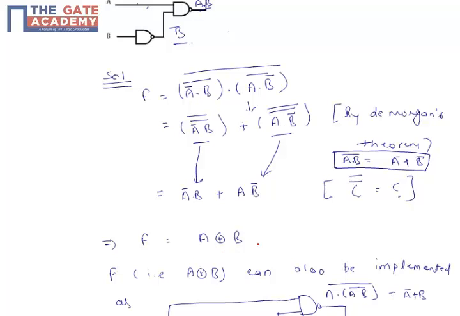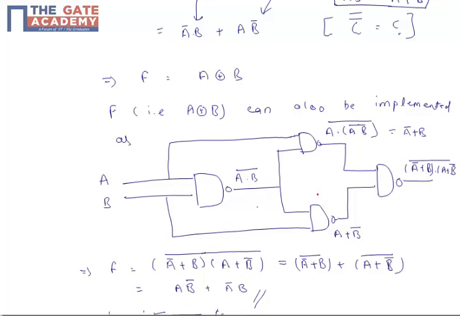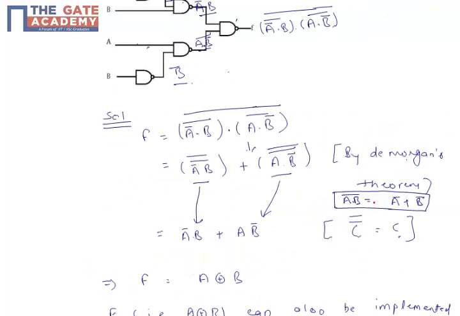Now we also know that to represent any XOR gate, the following circuit can be used. If A and B are our inputs, they are passed through the first NAND gate and we get (A into B)whole bar, and from here we get ((A into B)whole bar into A)whole bar, which is equal to A bar plus B. Again, to simplify this, we have used De Morgan's theorem, which says that (A into B)whole bar is equal to A bar plus B bar.